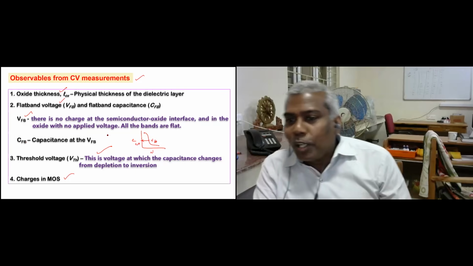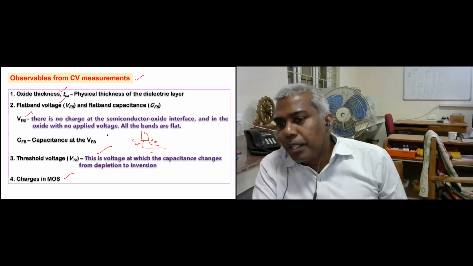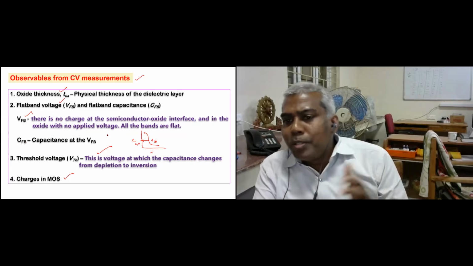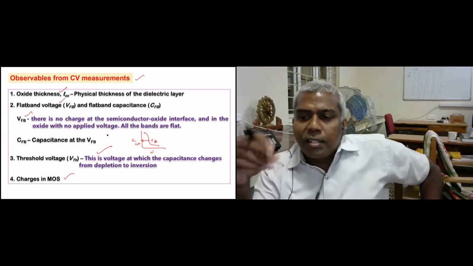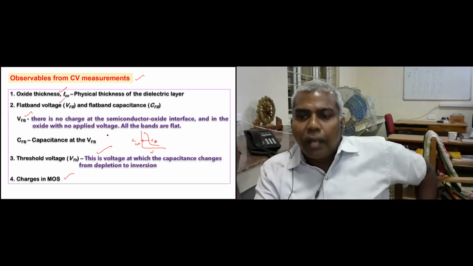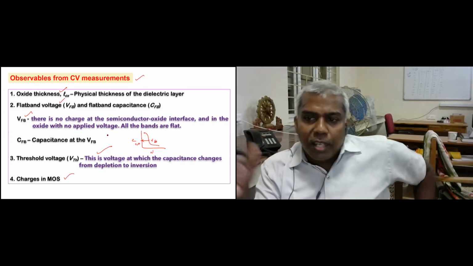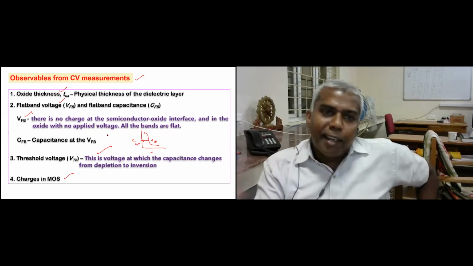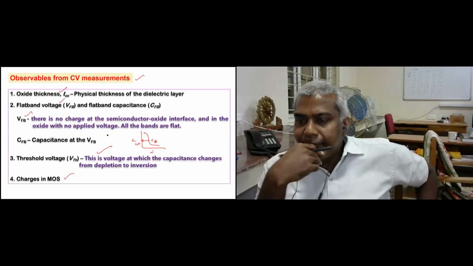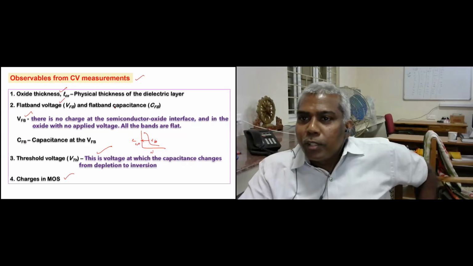That voltage we'll be calling the flat band voltage. In an ideal system, flat band voltage will be zero, where no charges are trapped in oxide or in the semiconductor as well. So if there is a charge imbalance or charge distribution changes, that will disturb the flat band voltage. That was one question.